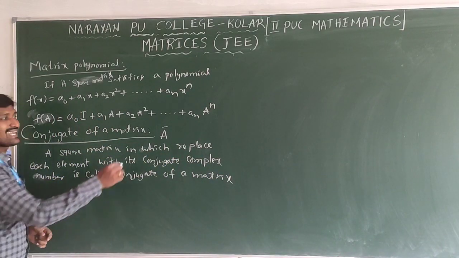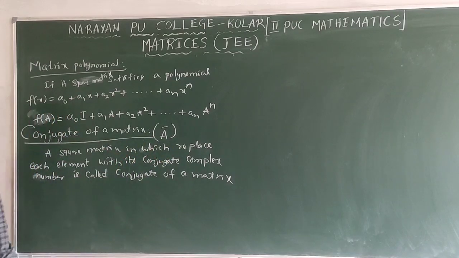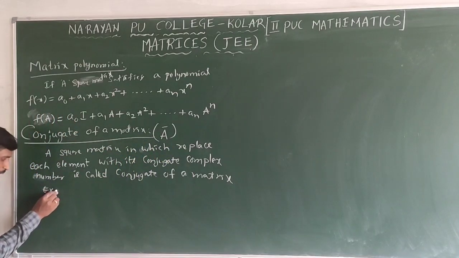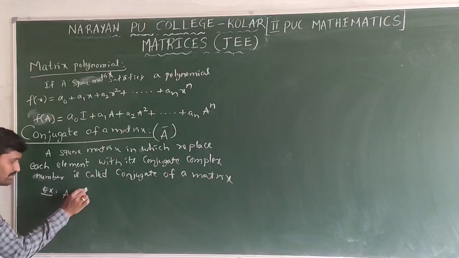Denoted by what symbol here? A bar. For example, I am taking the A matrix like this.